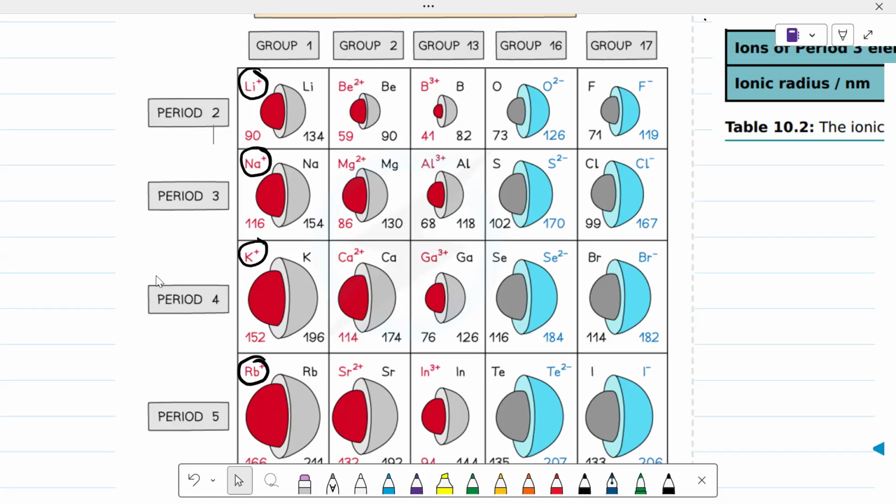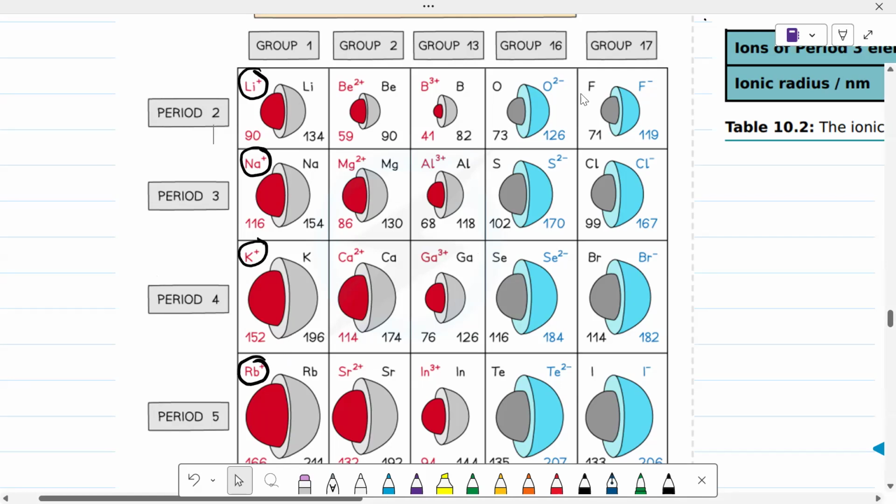And when we talk about the cation, is the size increased or decreased? You will tell this first in the general context, and then if they ask you the trend across the period or down the group, you must know that across the period it decreases for the cation, and it will increase down the group. Clear?